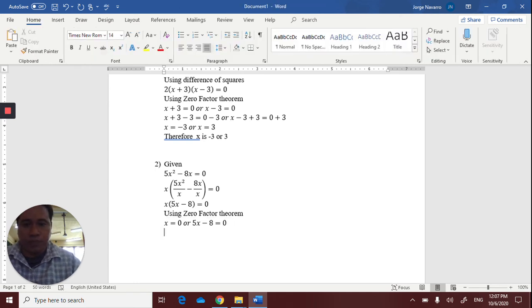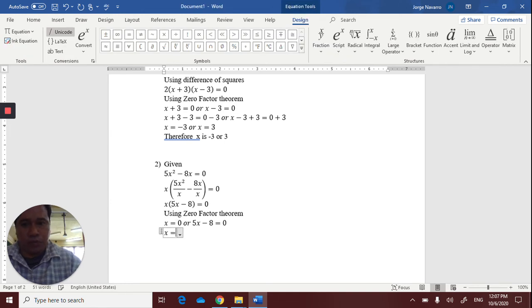Which means that I will have to add 8 to both sides and then divide by 5. So x will equal 0, or 5x will equal positive 8, because I add 8.